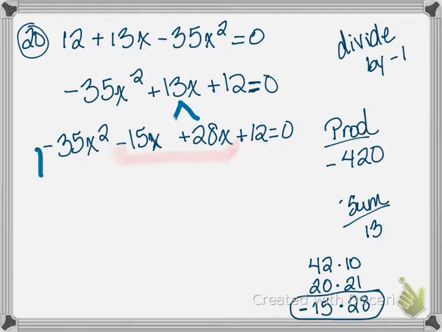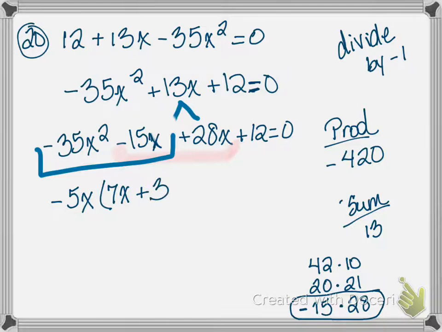So now I'm going to look at these first two, and I can take out a negative 5 from negative 35 and negative 15, and I can also take out an x from x squared and x. So I'm taking out a negative 5x, and then I'm left with 7x plus 3.